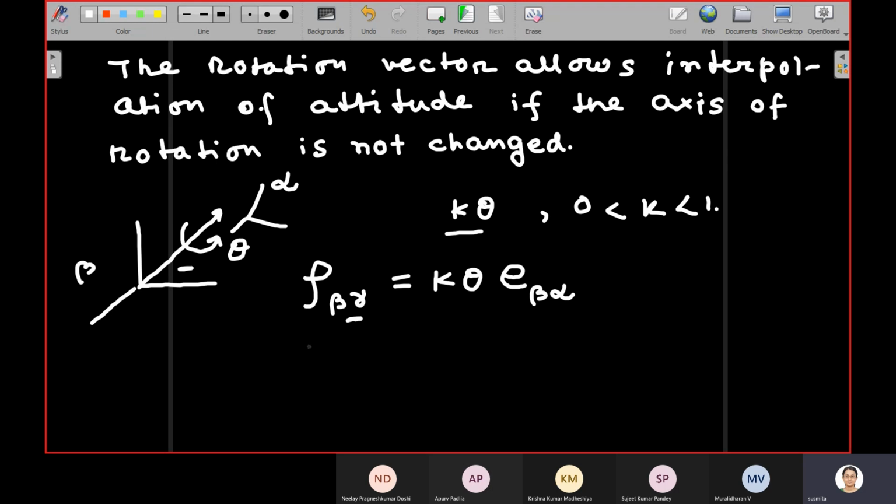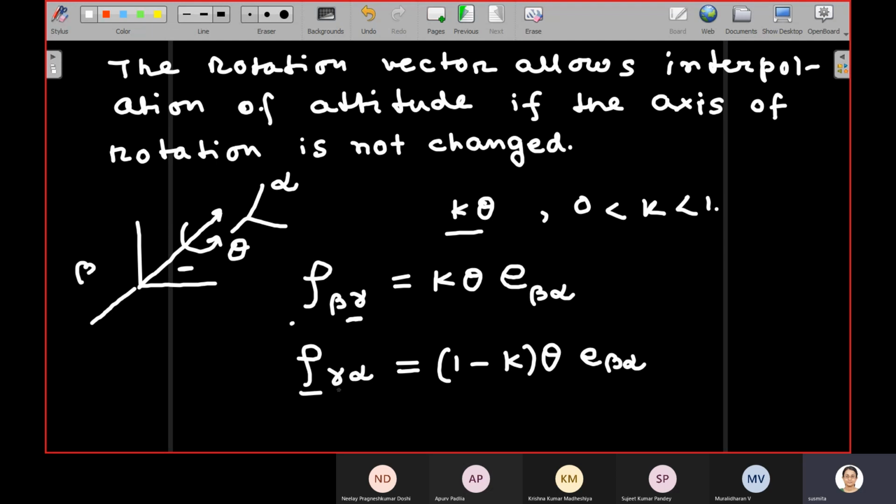And then if we keep applying the rotation, then we go from gamma to alpha with the rest of the rotation. And the rotation magnitude is this. Right?